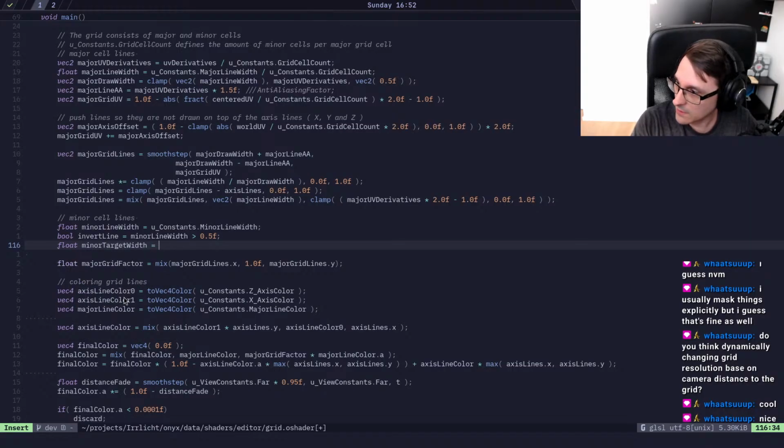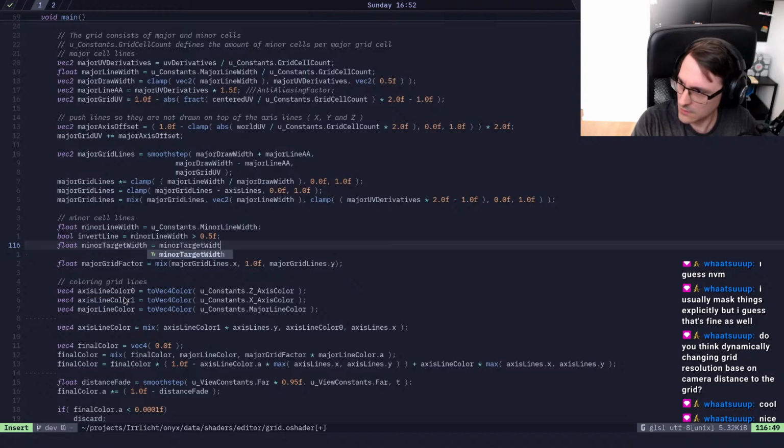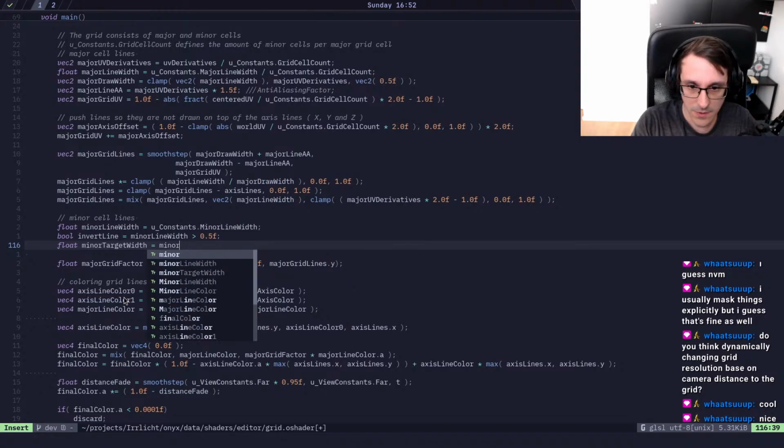So the target width is basically, I think, what we want to invert a line.